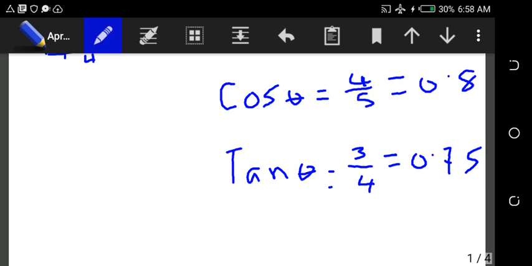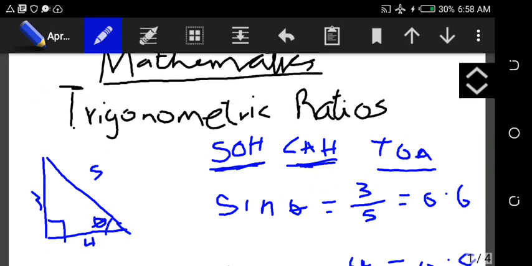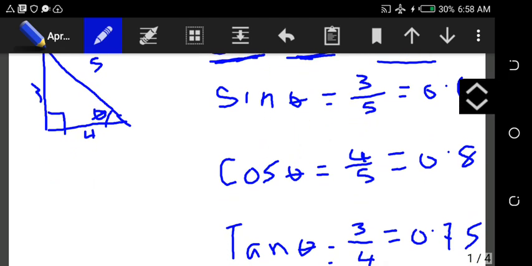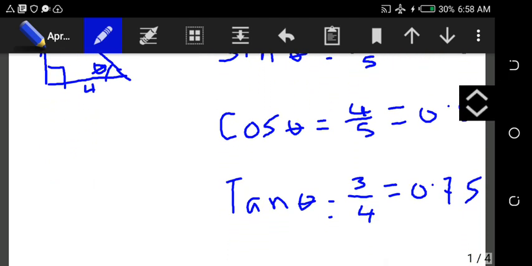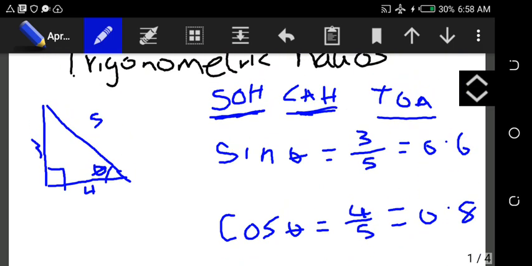So you see how that works. That's how you can evaluate the sine, cosine, and tangent of angles using a right angled triangle.